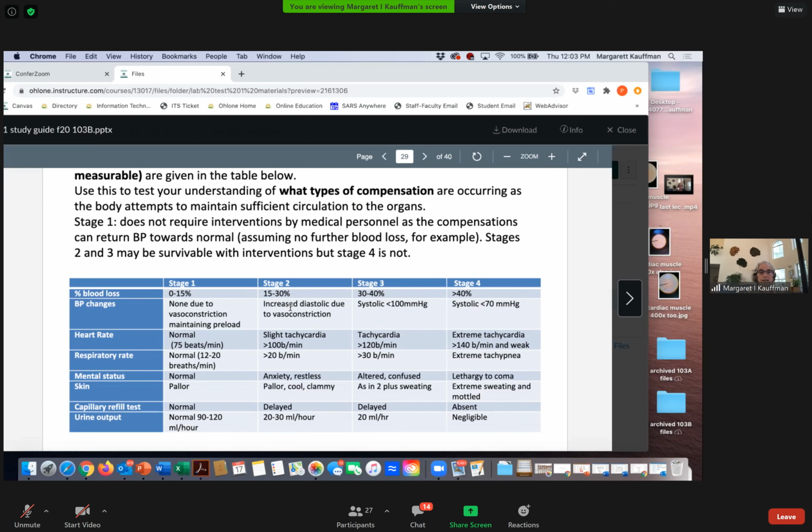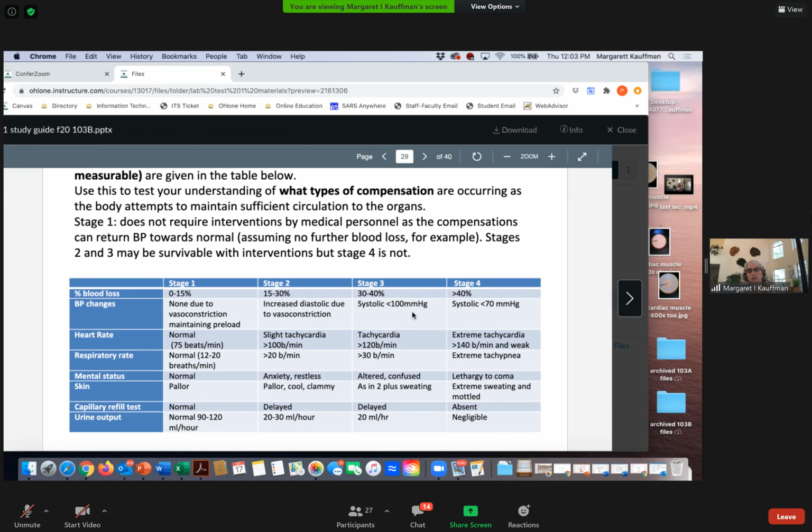You can start to recover, but if it gets towards the higher end of this, then interventions might be necessary, like giving this person fluids to replace the lost volume and bring their preload back up to normal. Once you're getting into stage 3, you definitely need an intervention.